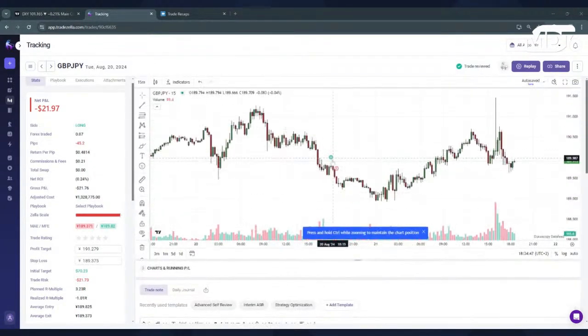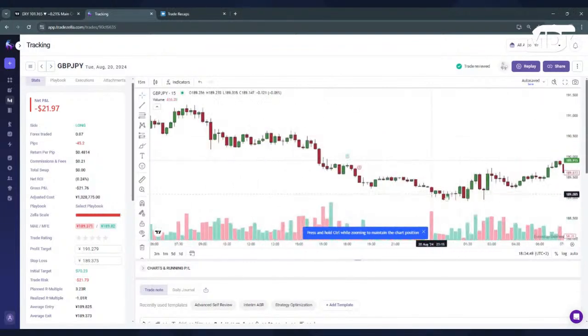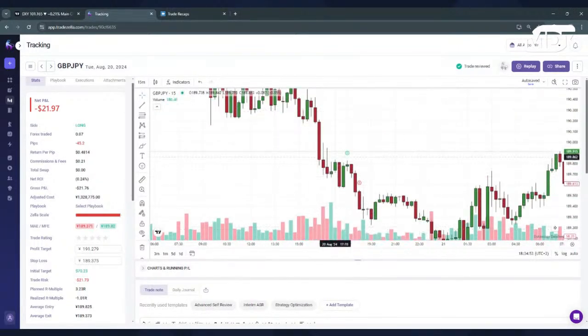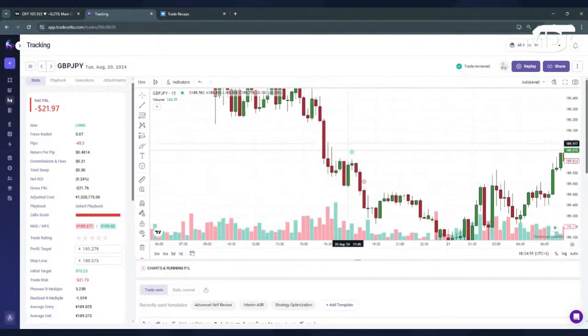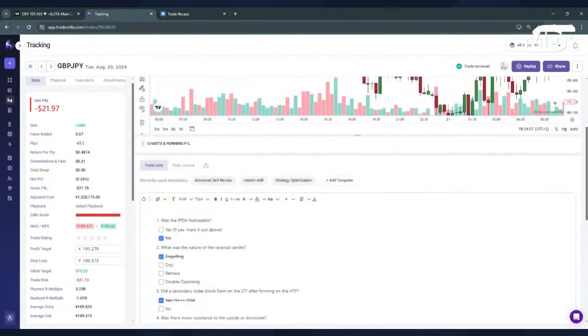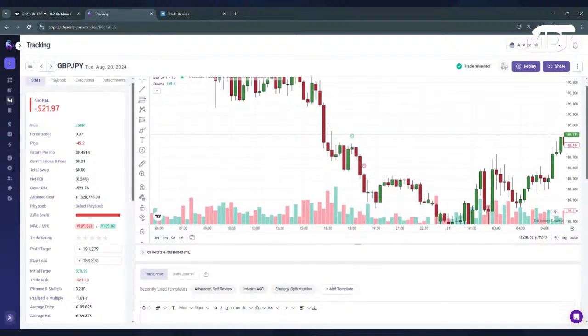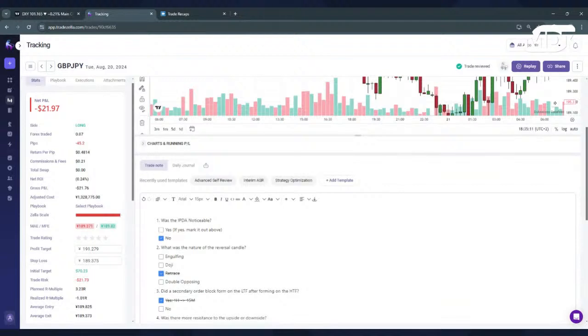Nature of the reversal candle, as you guys can see, was this green candle here. Retrace candle. Yes, there was an order block, but key detail, we didn't violate that, which is something I'm also taking note of now.